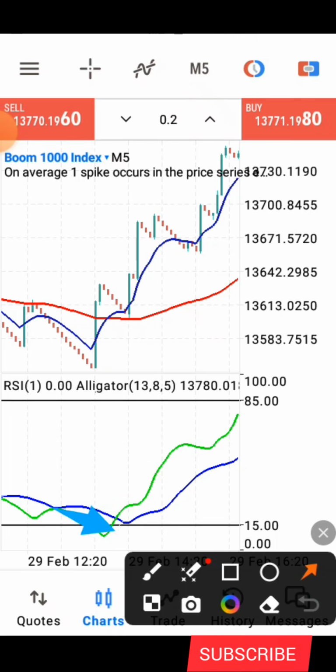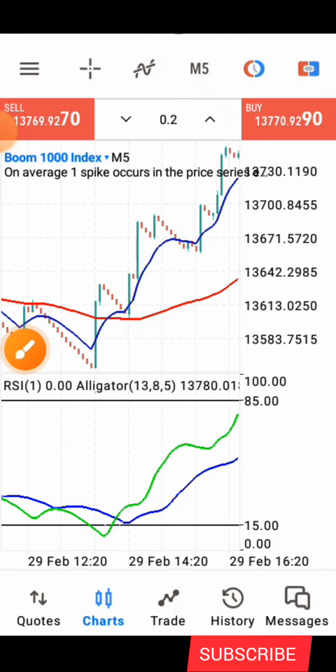Whenever you see the green crossing above the blue, on the main chart you will also see that price has broken above the red moving average, and the blue will also be crossing above the red moving average. Whenever you spot the crossing on the indicator window and the crossing on the main chart, that is a signal for you to take entry.